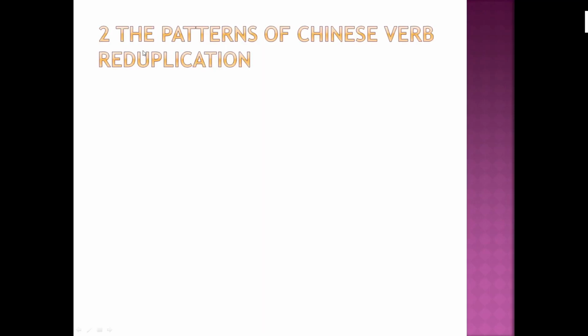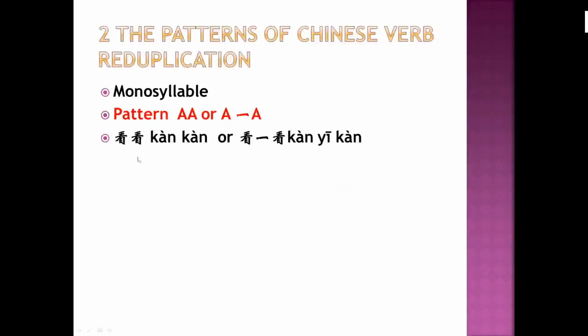So number 2, the patterns of Chinese verb reduplication. So the first, monosyllable, pattern 1, AA or A一A. So first, this one, 看看.